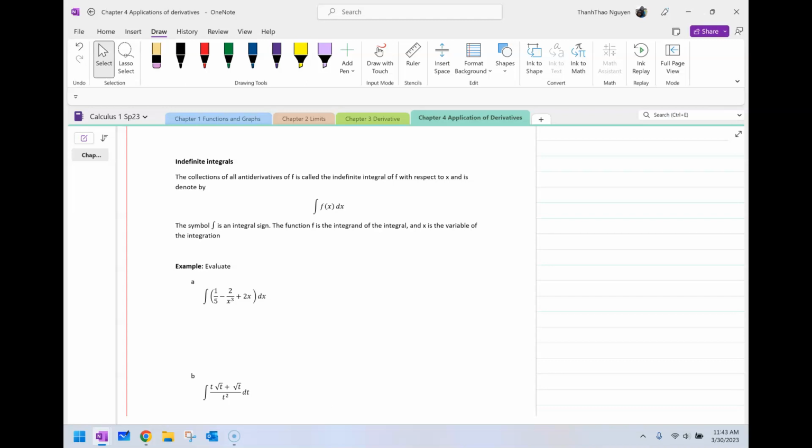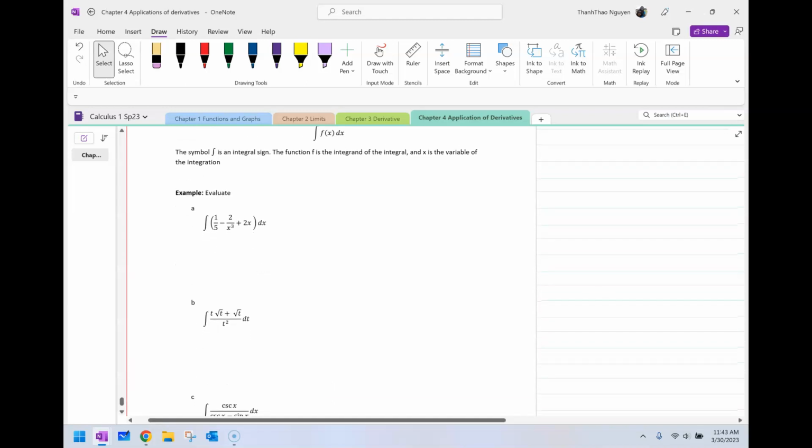The function f is the integrand of the integral, and x is the variable of integration. So here you are given a function, and you want to find the antiderivative of it. Let's go ahead and try the first problem.